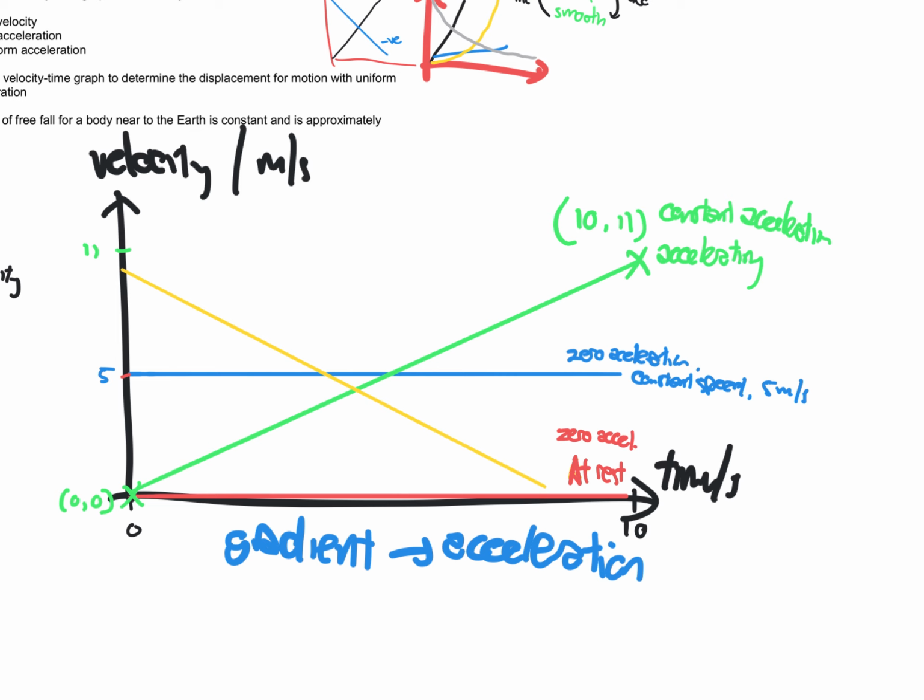What is my acceleration? What's my constant acceleration? I'll say acceleration would be y2 minus y1 over x2 minus x1, 11 minus 0 over 10, which is very interesting, correct? Because this is my final velocity, this is my initial velocity, and 10, that's the time taken, isn't it? So over here, I'll get an answer of 1.1 meters per second squared.